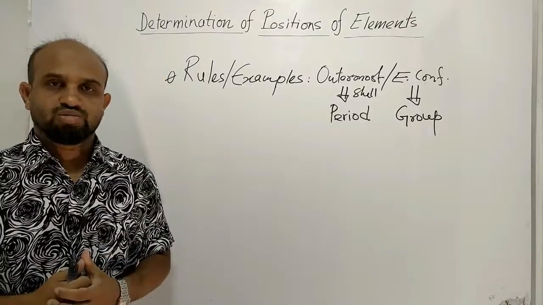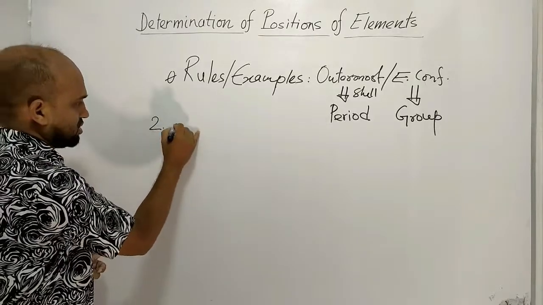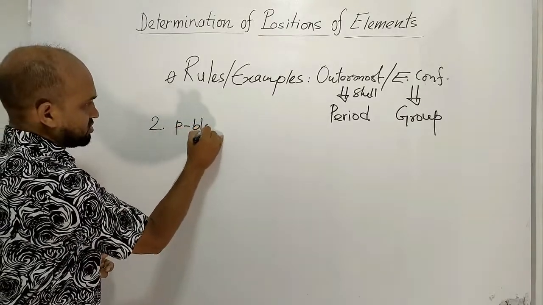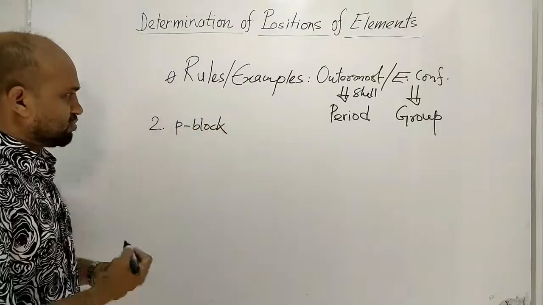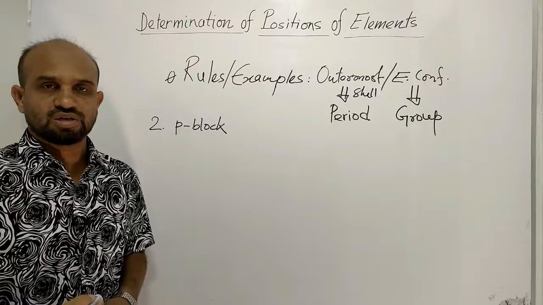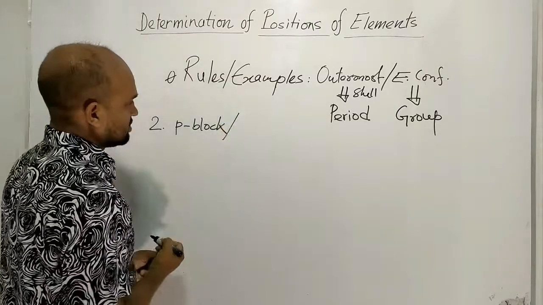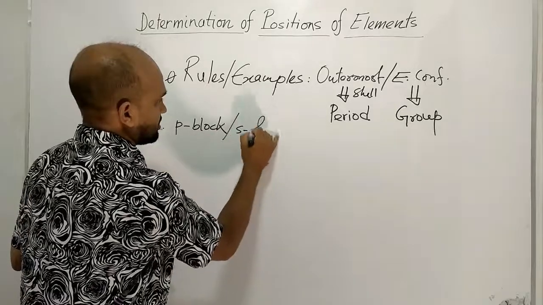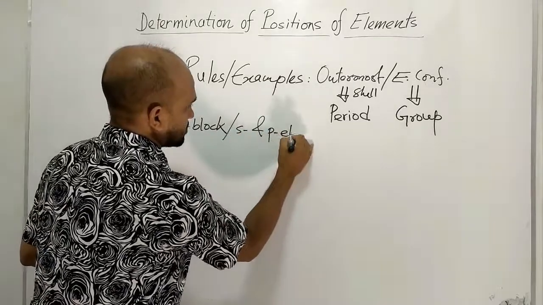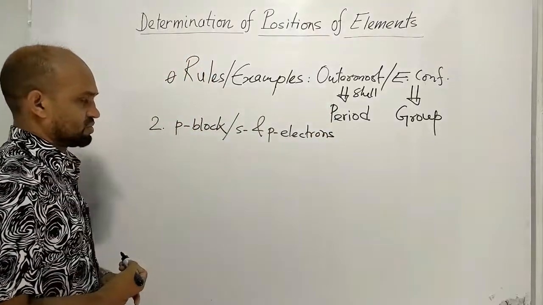Now let's see rule number 2. Rule number 2 is for p block elements. P block elements are those elements in which the last electron enters the p orbital. And here s and p electrons are involved.